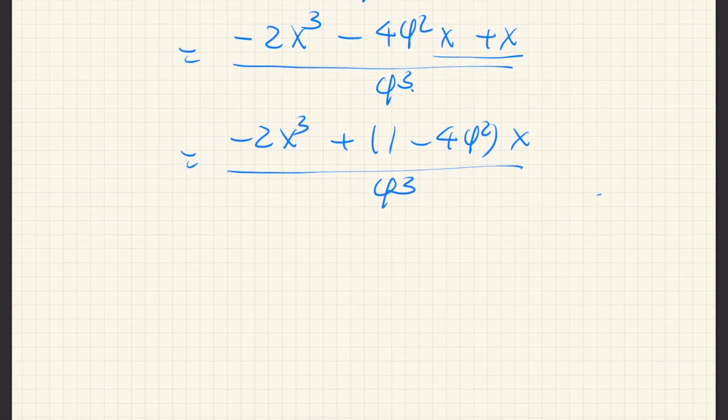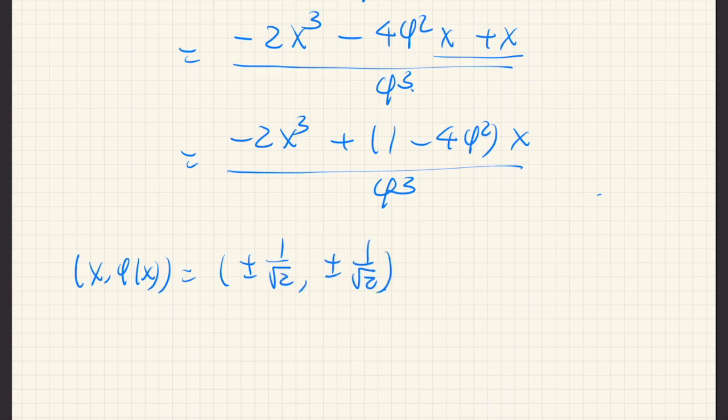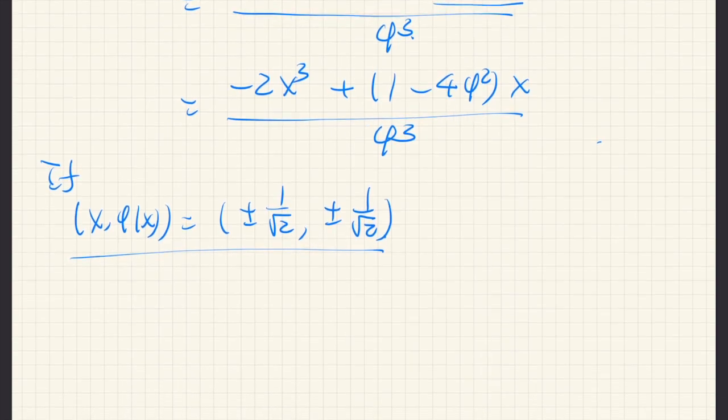Now we had x and phi of x as plus minus 1 over square root of 2 and plus minus 1 over square root of 2. So if this is the case, then what happens?